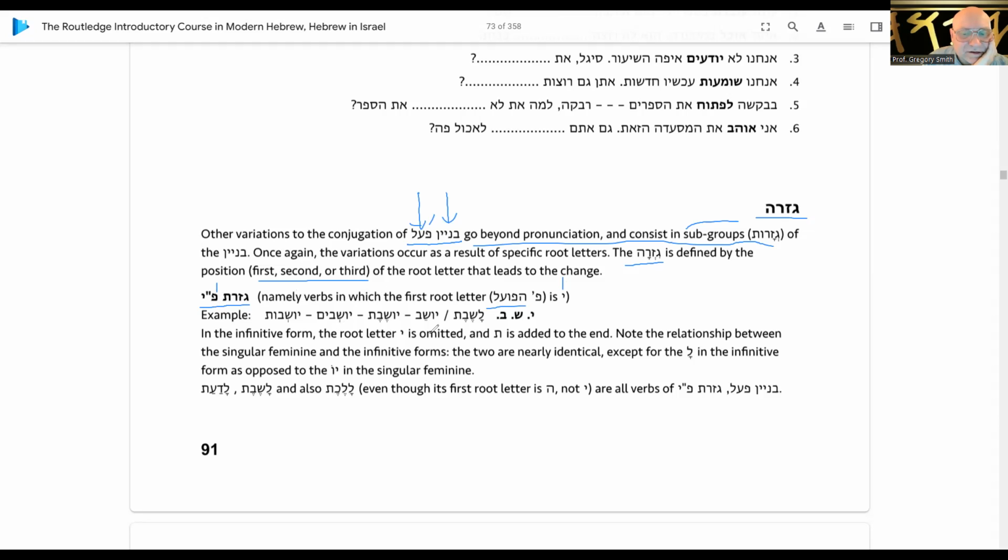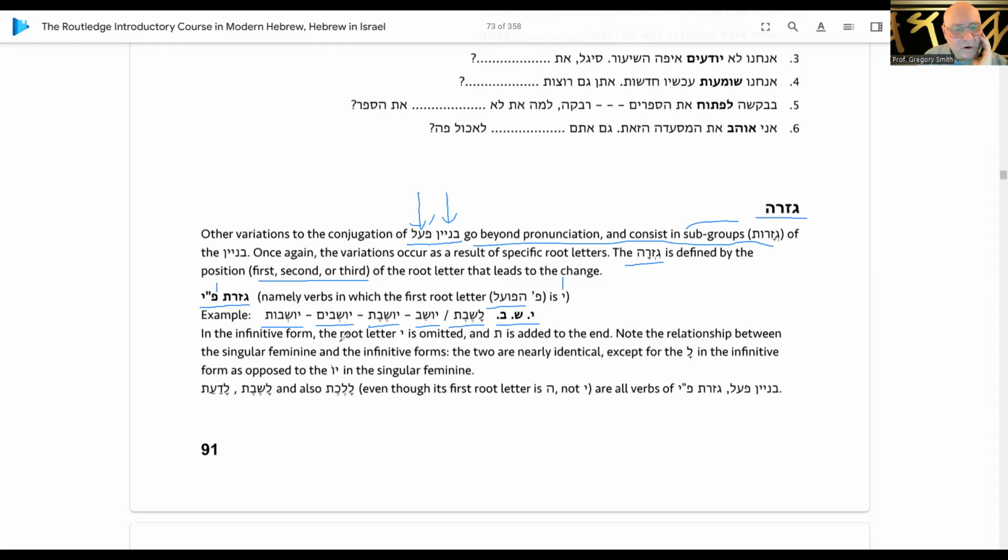Okay, interesting. Example here, yashav, the short shoresh, which means to sit. Lashevet, that's to sit. Yoshev, that would be like ani yoshev, I sit. He yoshevet, she sits. Anachnu yoshvim, we sit. Aten yoshvot, that would be you all, strictly feminine plural, sit.